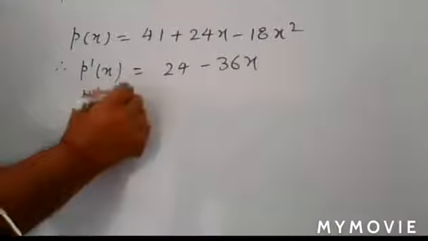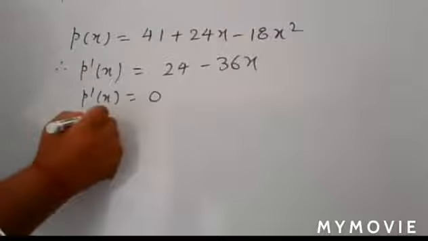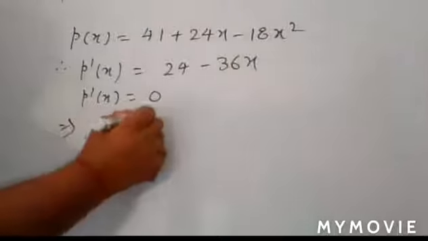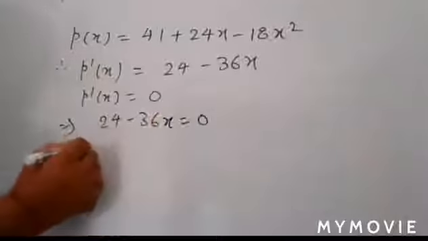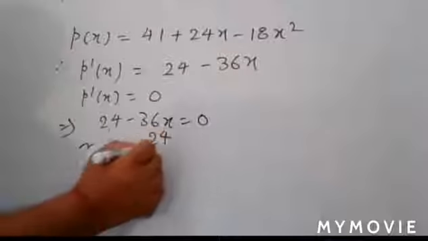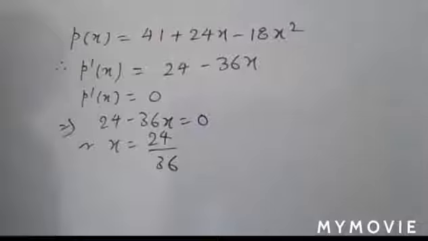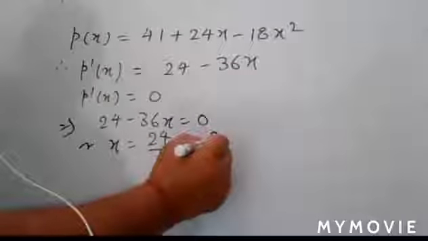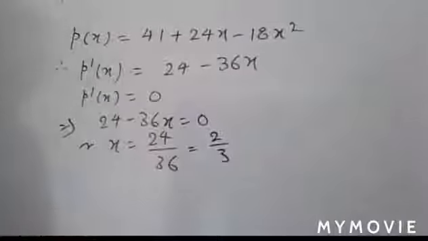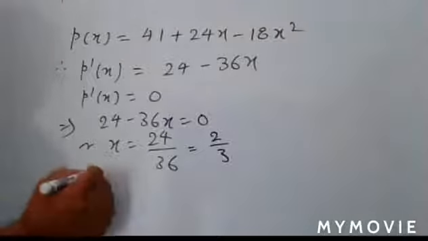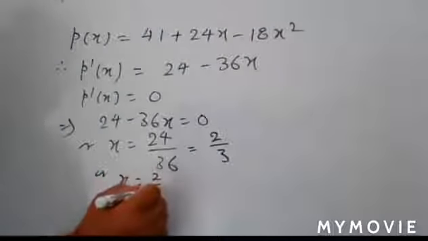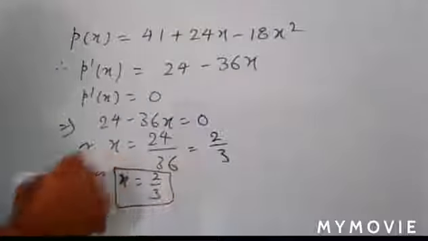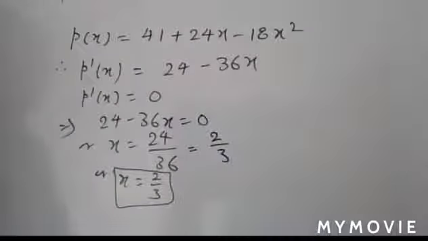So p dash x is equal to 0 implies 24 minus 36x is equal to 0, or x is equal to 24 upon 36. Now you solve it. So 12 2s are and 12 3s are. So here you have x is equal to 2 by 3. Understand? So that is your critical point.